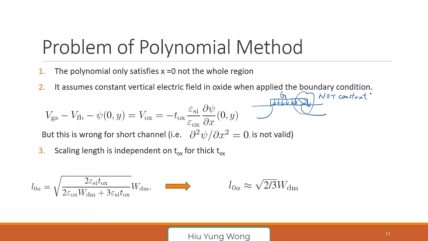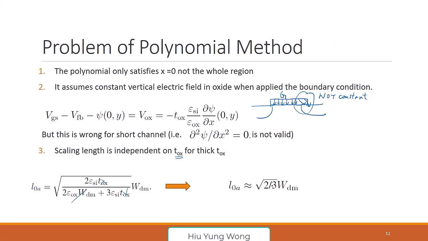Okay. And then, just now we said that if we have T-ox, we want the T-ox to be small, right? But when the T-ox is large, then this term will cancel, right? When I have very large T-ox, the T-ox will get cancelled also. Then it's independent of the thickness of the oxide when the oxide is large, which is wrong.